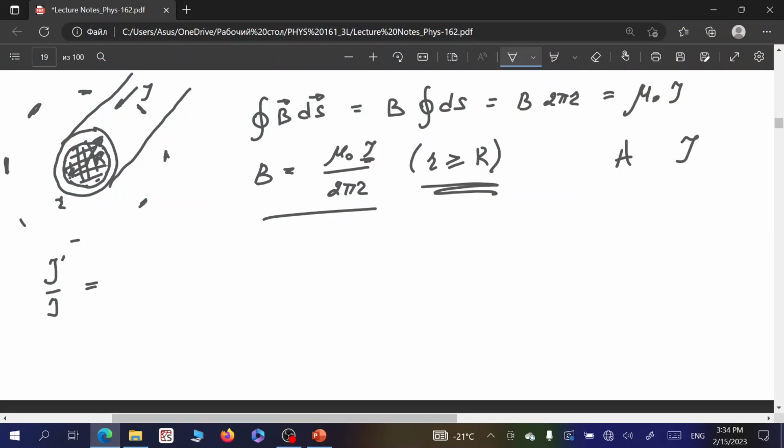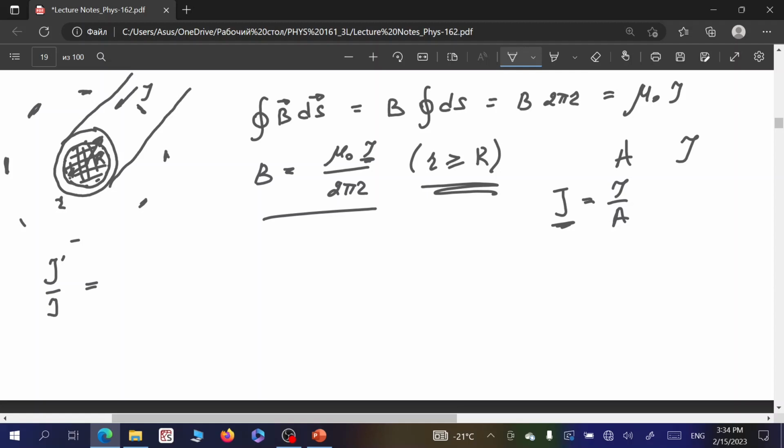What will the current density be? J will be I divided by A. So current density is uniform all over the cross section of the conductor. No matter which part of the conductor we take, like a small area, the current density will be the same.